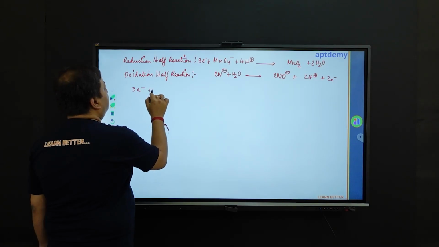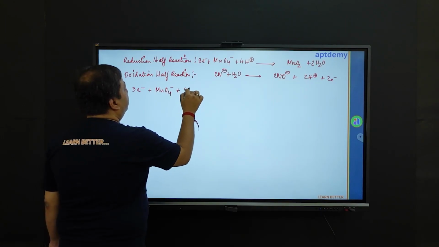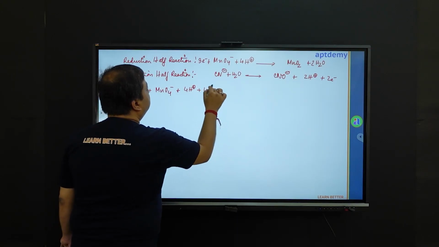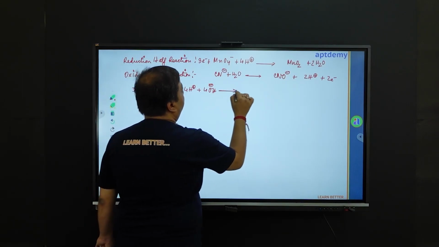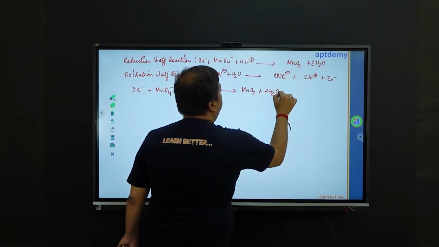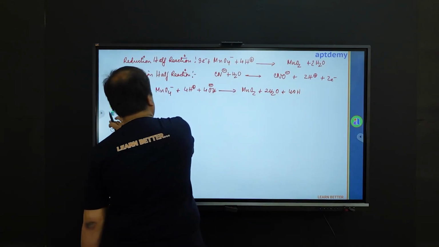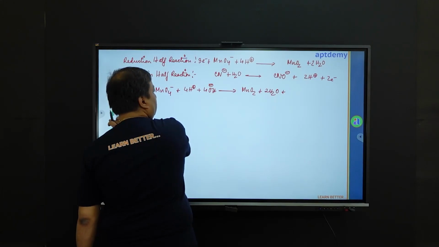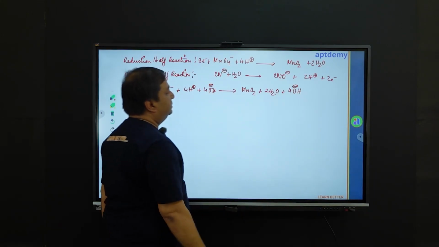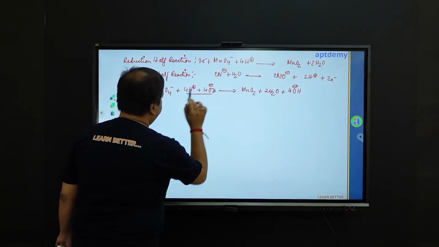So 3 electrons plus MnO4 minus plus 4H plus plus 4OH minus gives us MnO2 plus 2H2O plus 4OH minus. Now in the next step we will combine these.